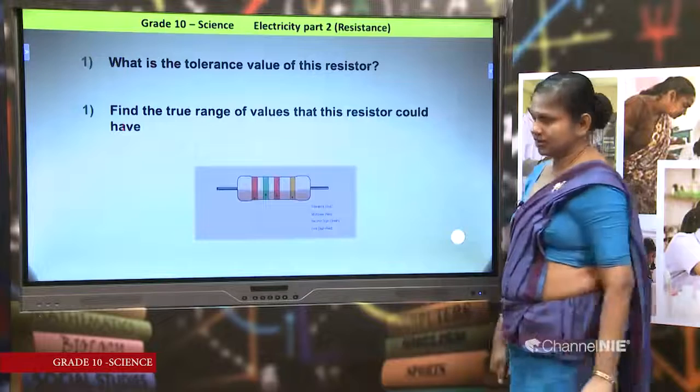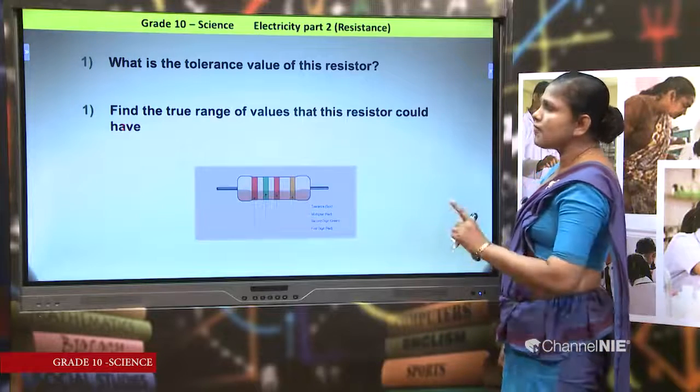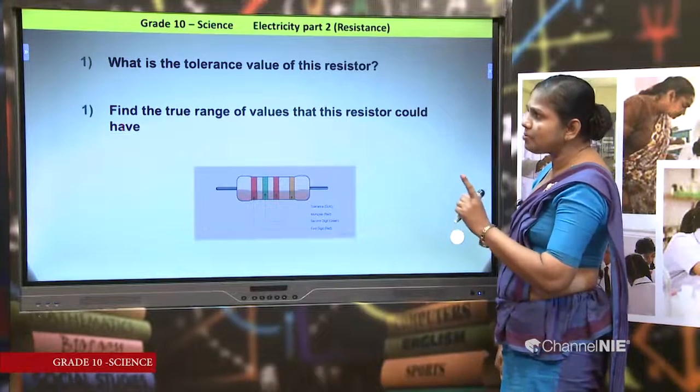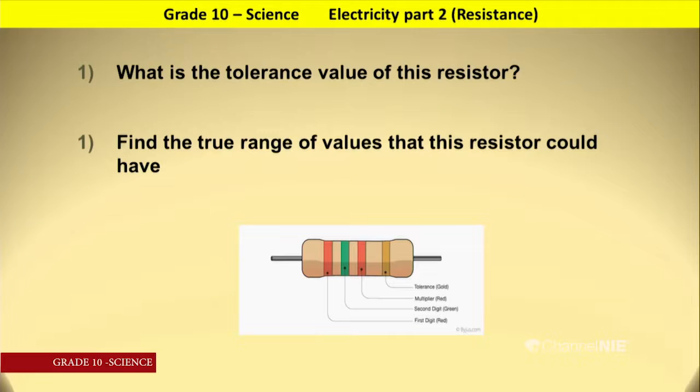Then move to the next. Here, find the tolerance value of this particular resistor. Here, the fourth band is gold again. When there is a gold color band, the tolerance percentage is 5%.